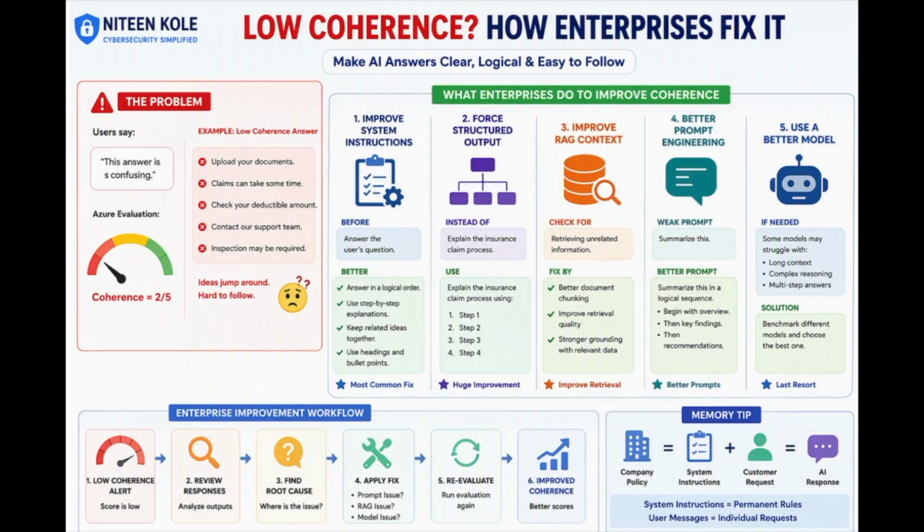Sometimes the model itself struggles with long context, complex reasoning, multi-step explanation. Benchmarking may help identify a better option. Quick workflow: low coherence alert, review responses, find root cause, apply fix, re-evaluate, improve score.